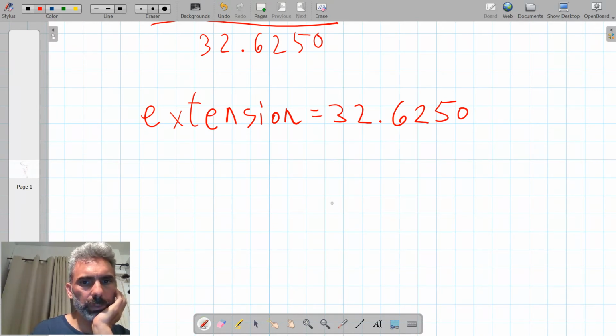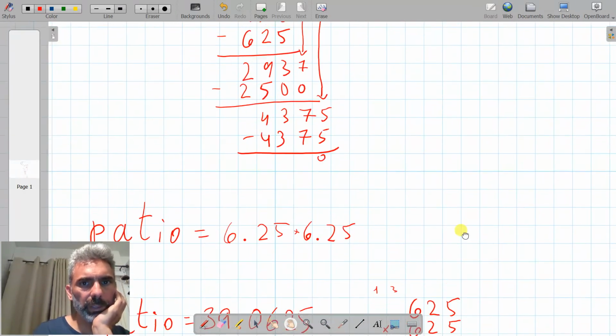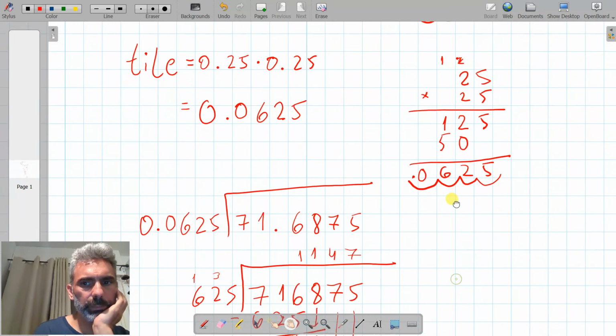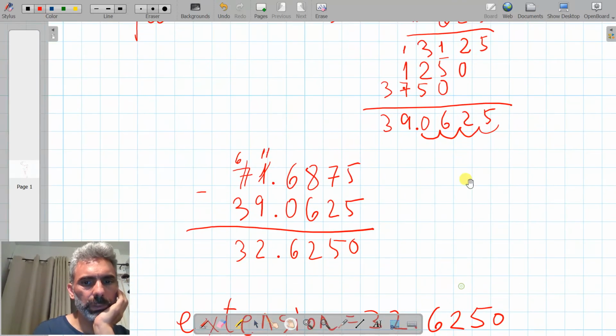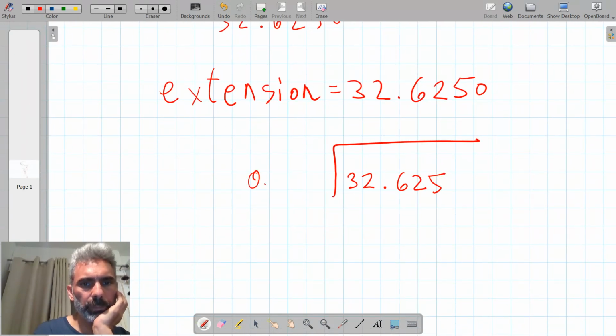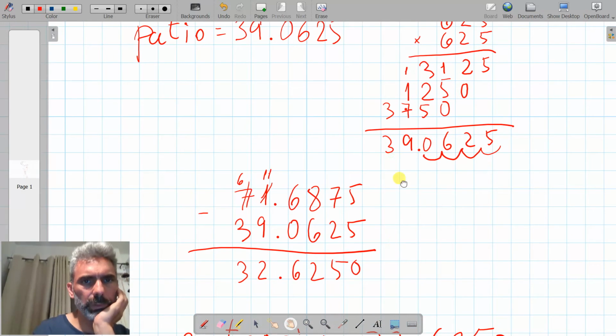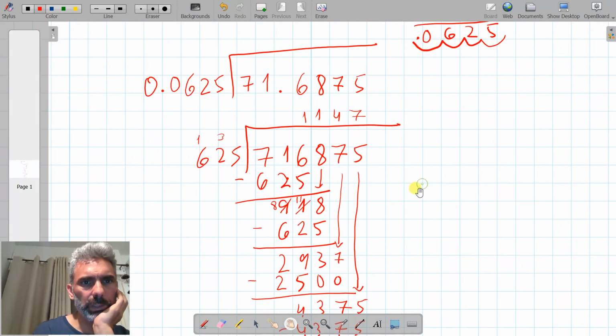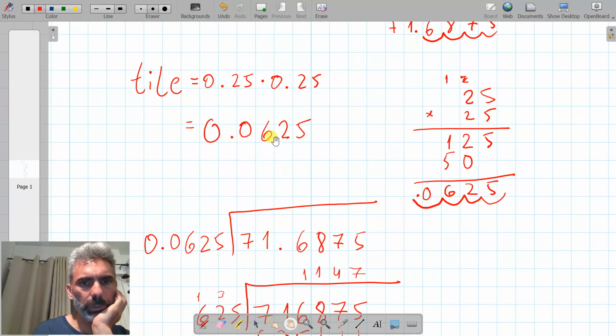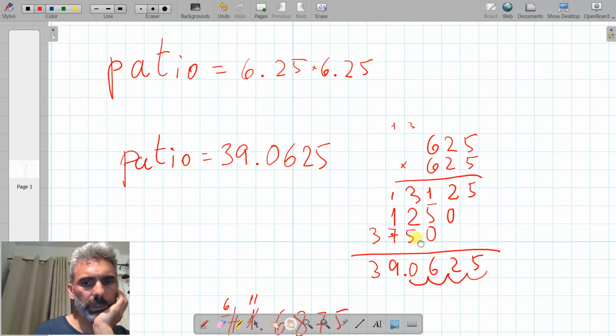So 32.625 divided by the area of one tile, and the area of one tile is 0.0625.